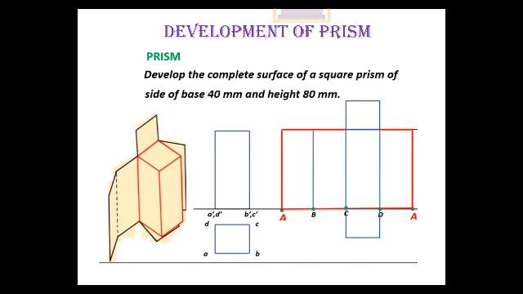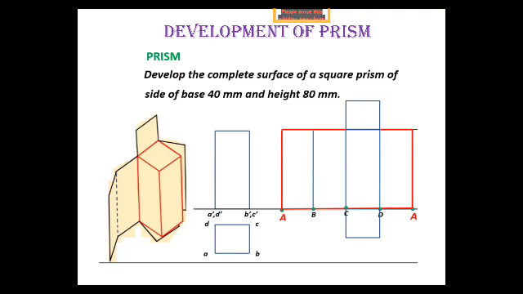We know that in the previous lecture we studied the development of cylinder and the development of pyramid. In that case, for example with a cylinder, we cut the cylinder from one side and open it in clockwise direction.